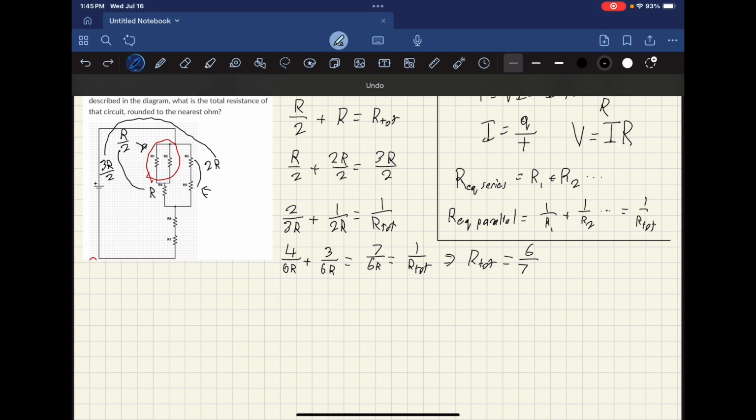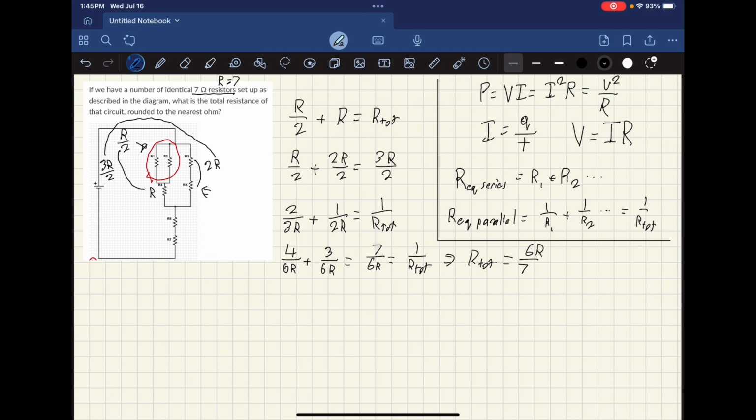Or no, I'm sorry, 6R over 7. There, that's a little better. So 6R over 7 is the R total for this whole region that I'm scribbling on right here. So now we have 6R over 7, and it is connected in series with R6 and R7, both of which have a value of just R. So if we remember now that R actually equals 7 ohms, we can plug this in.